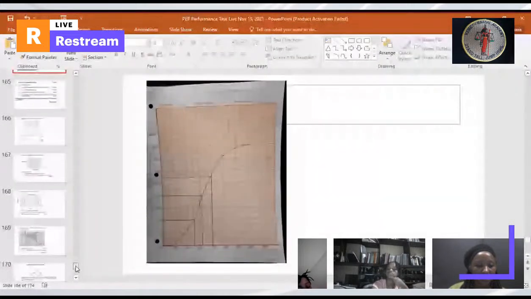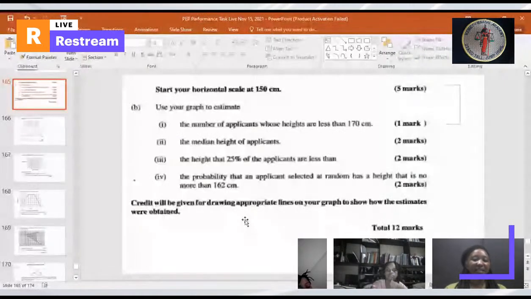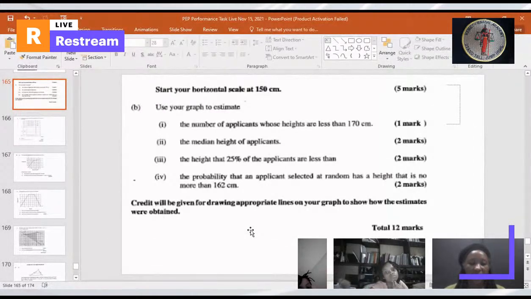So part B says, use your graph to estimate the number of applicants whose heights are less than 170 centimeters.